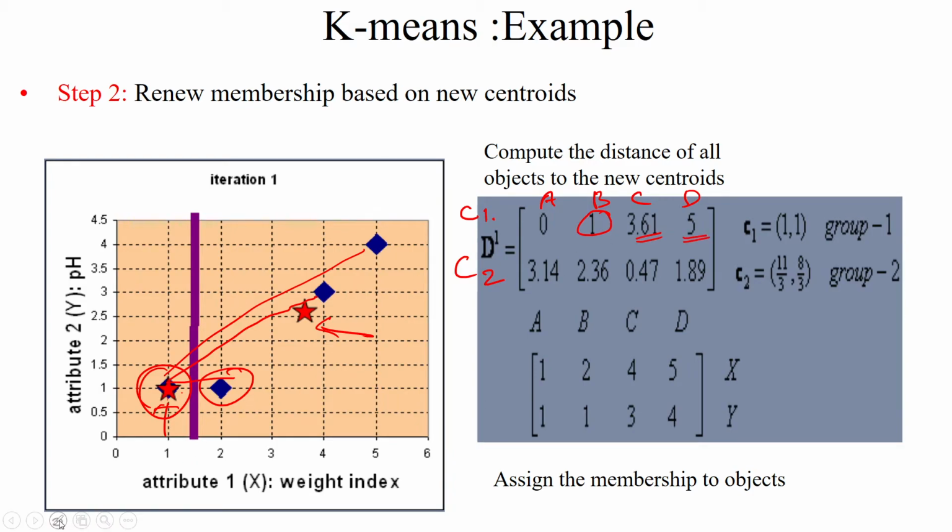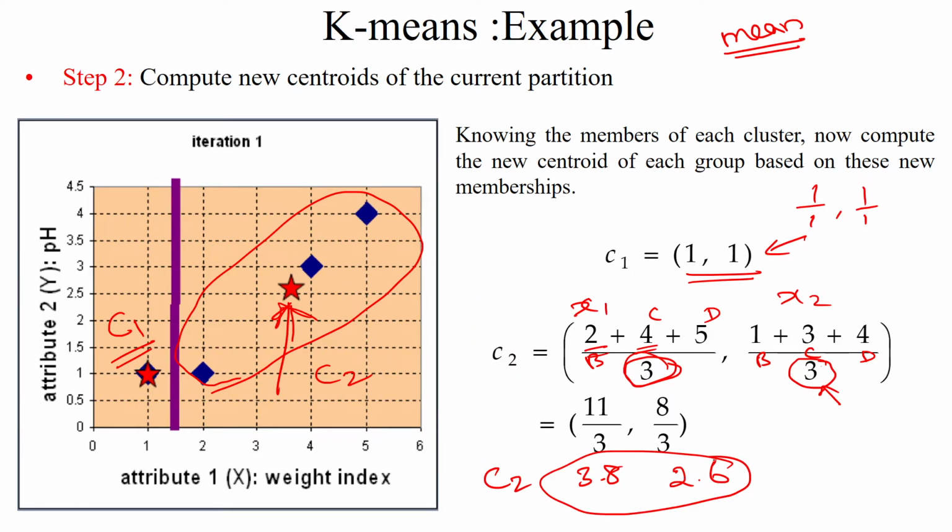Like that, for cluster 2, this is cluster center 2, with value approximately 3.8 comma 2.6.